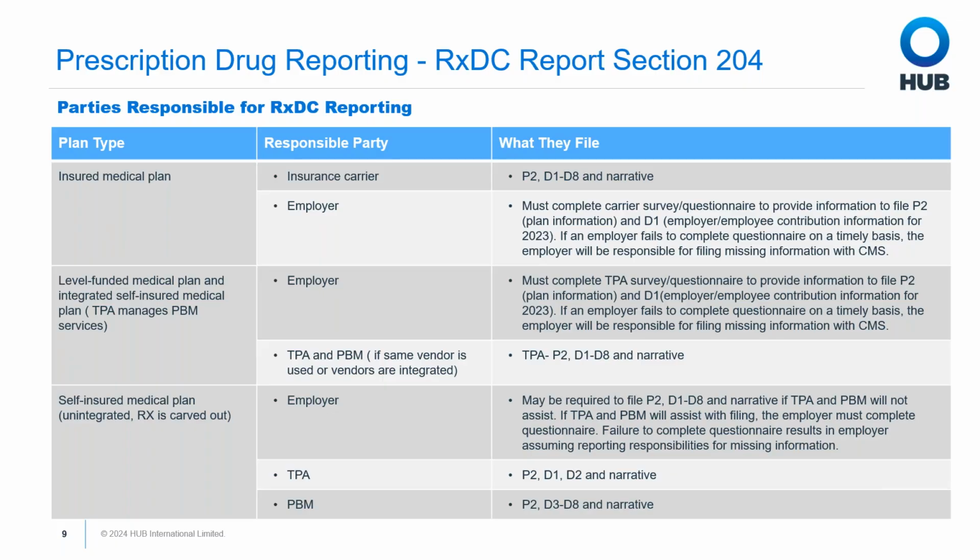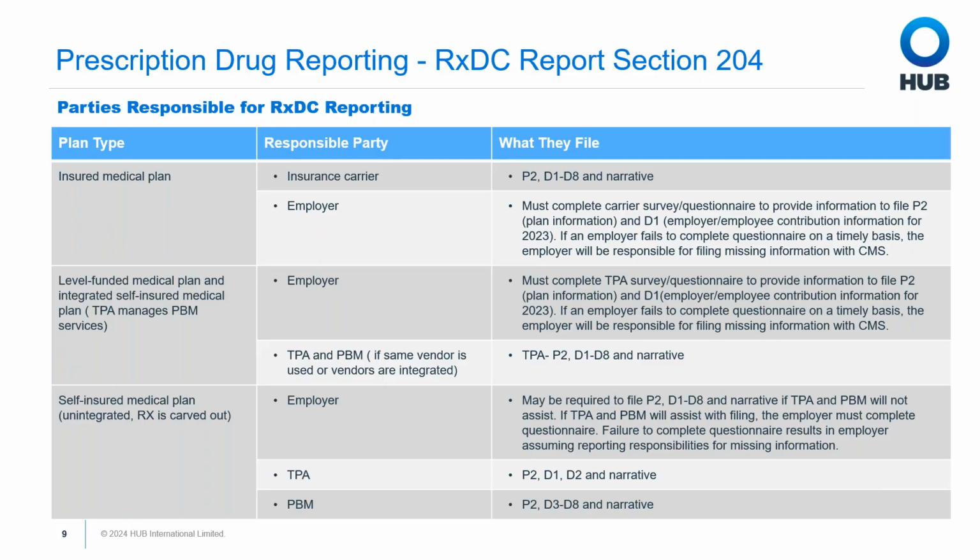However, if you sponsor a self-insured medical plan that is unintegrated, meaning you have carved out the pharmacy, it is likely that you will have to work with your TPA and PBM, as the TPA may only report on the aspects they manage, which would be the P2, the transmittal form, D1, which is the plan information, member and employer contributions, and D2, which pertains to the medical plan, as well as the narrative.